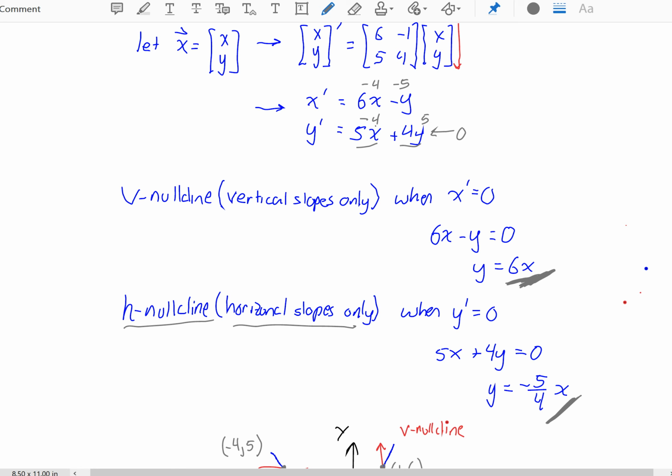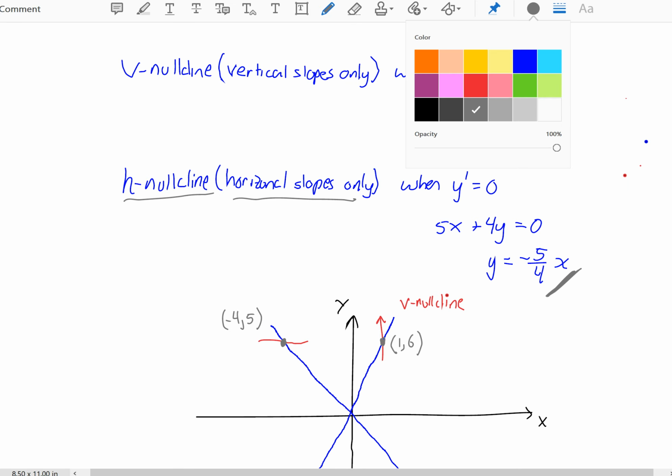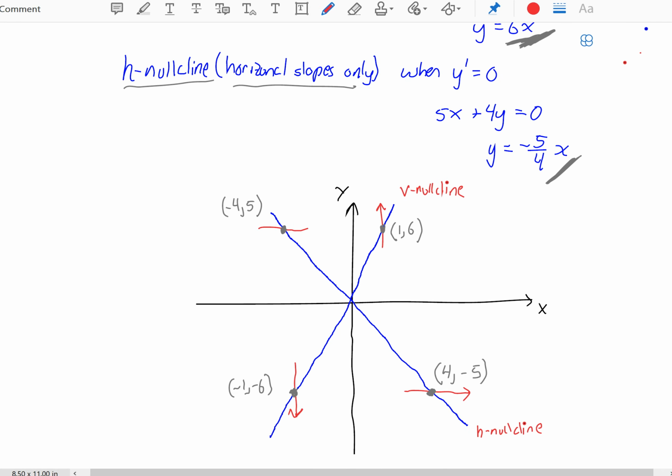But when you plug in -4 and +5 into your x prime equation, this will be -24 minus 5, which is -29, so the x direction has to be moving in the negative direction. So solutions here have to be moving to the left. In general, you don't have to do the algebra for your second point. Just notice they're always opposite in direction.